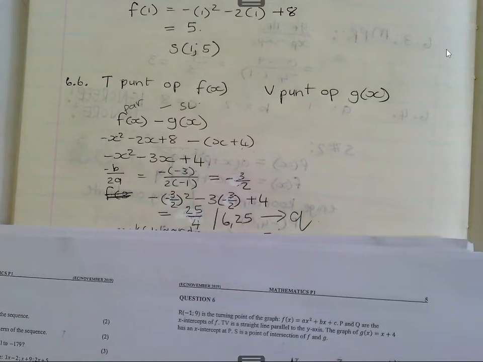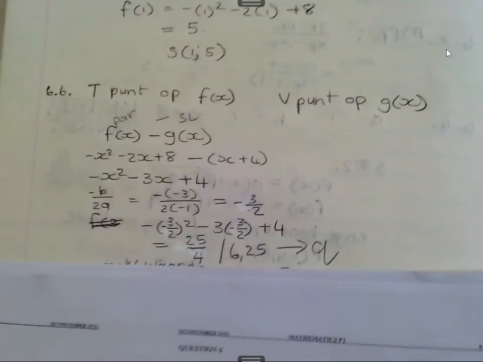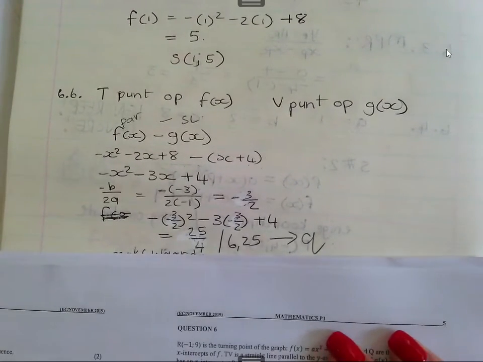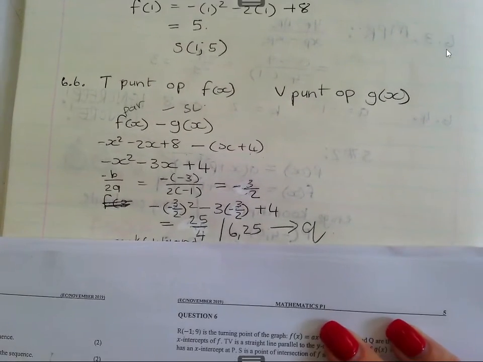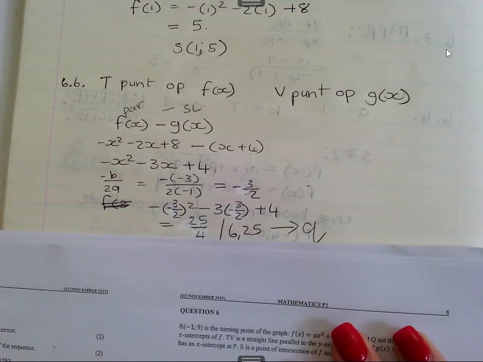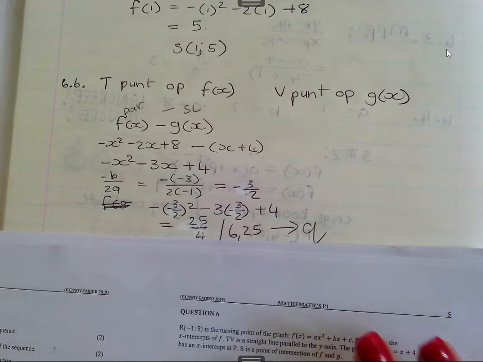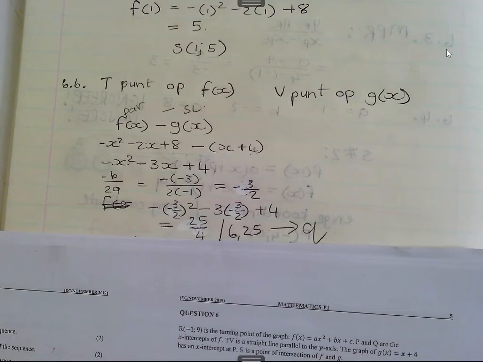So all I did is I calculated the turning point with negative b over 2a. Do you all understand that? Do you say no? Who doesn't understand? Everyone. Okay.